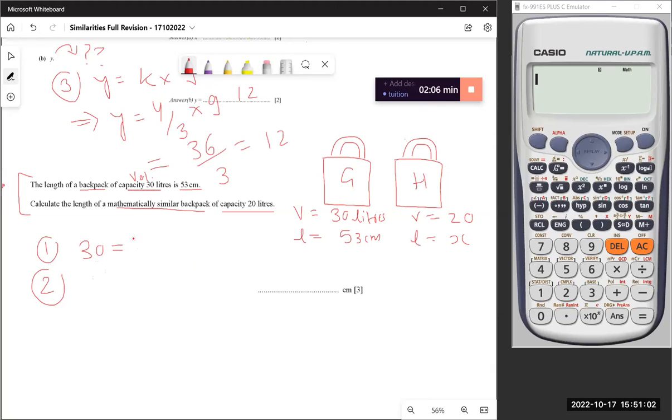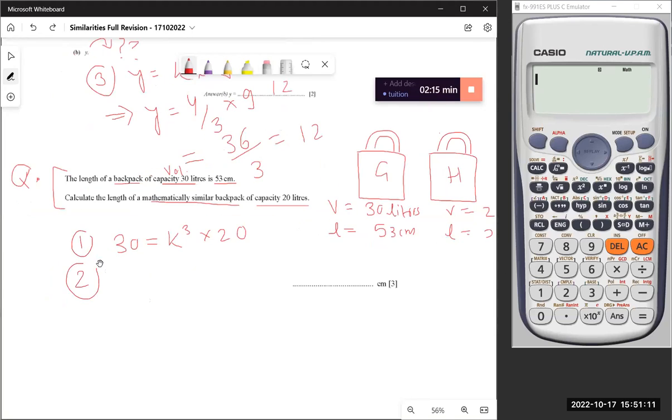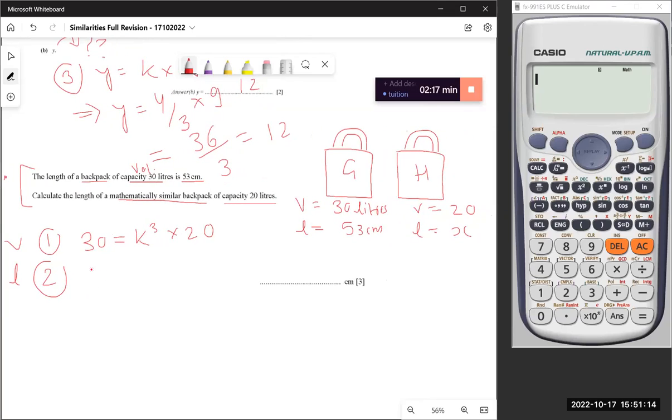So 30 is equal to K cube times 20, because these are volume. And for length, 53 is equal to K times X.